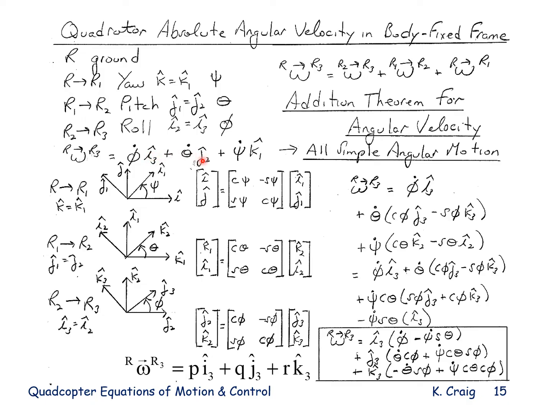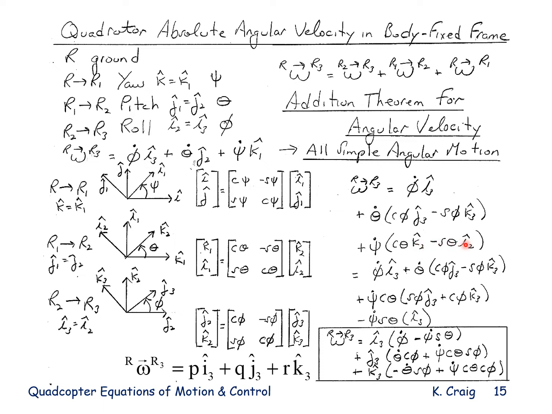J2 hat is equal to cosine phi J3 hat minus sine phi K3 hat. And I represent that here. K1 hat is equal to cosine theta K2 hat minus sine theta I2 hat, as shown here.